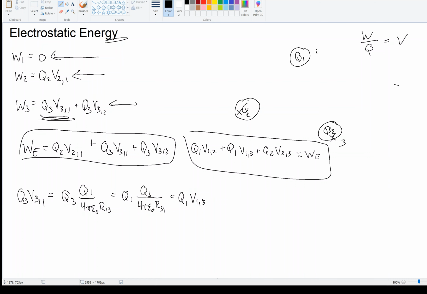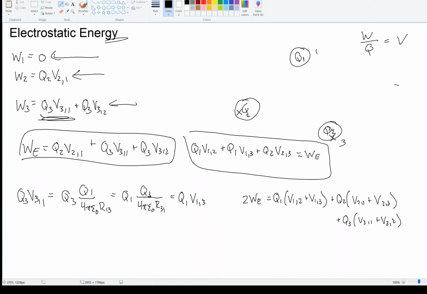Now we could add the two equations, so we would have 2 times W, and we can factor out Q1, we can factor out Q2, we can factor out Q3, like this.